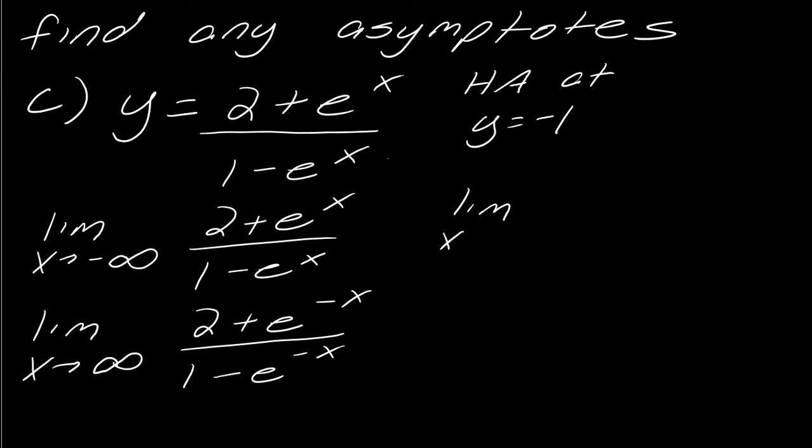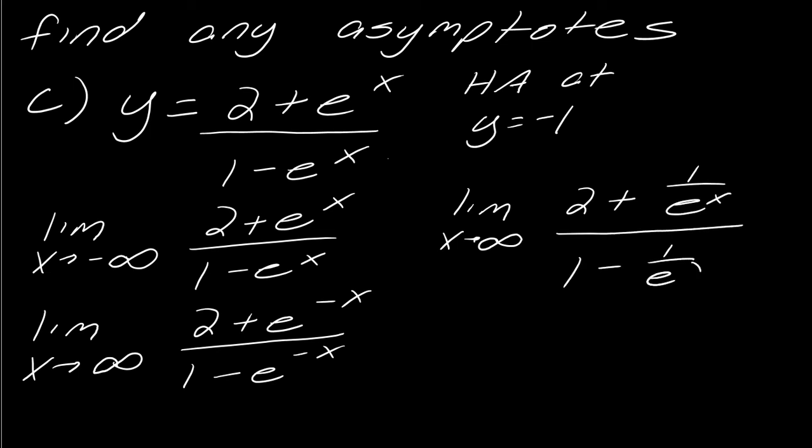So if I have the limit as x approaches infinity, I don't even have to divide anything to figure this particular one out. So I can just rewrite this as 1 over e to the x, and then this other one, 1 minus 1 over e to the x. So I just used the definition of a negative exponent to work this out. And now I can see this will end up going to 0 as x goes to infinity, as will this.